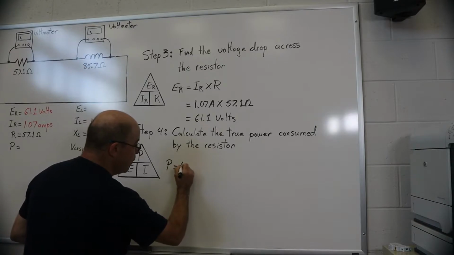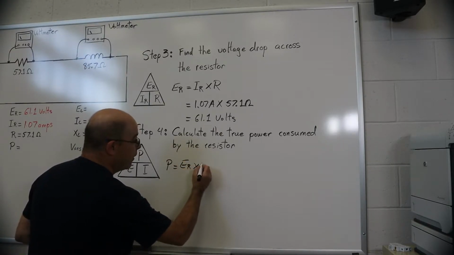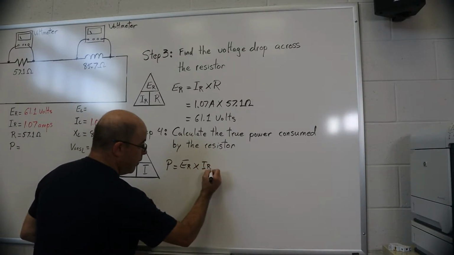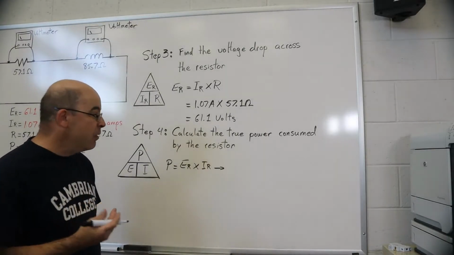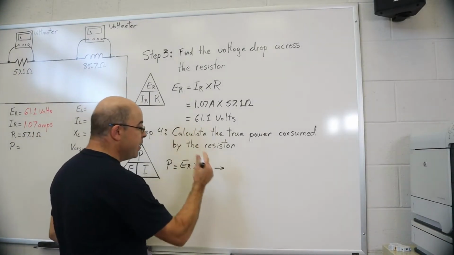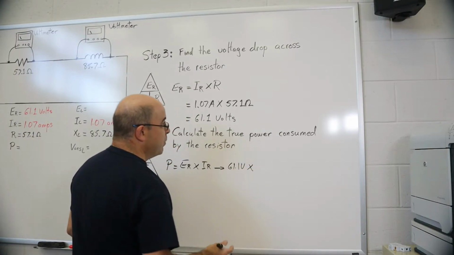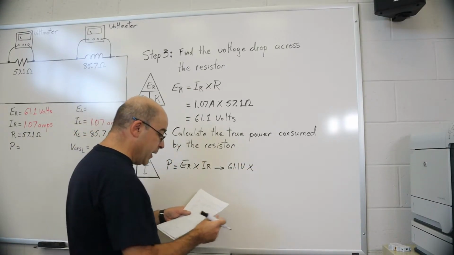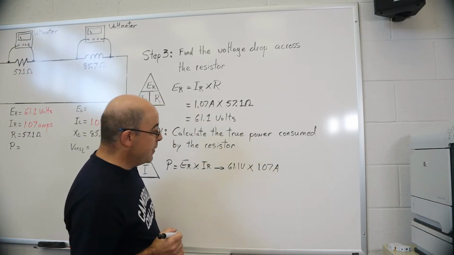P is equal to ER multiplied by IR. We start to input the values that we have, which in this case was 61.1 volts multiplied by the current we found, and that was 1.07 amps.